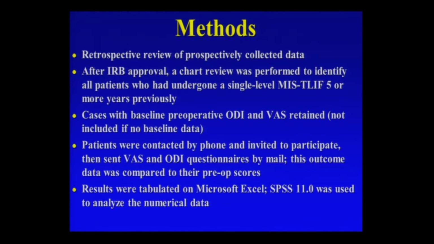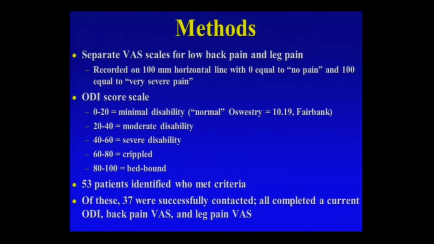If they agreed to participate in the study, then they were sent VAS leg, VAS back, and Oswestry questionnaires. All of these patients, of course, had filled these out at baseline and then during their clinic follow-up. But we were sending these forms out now at 5 years and beyond.